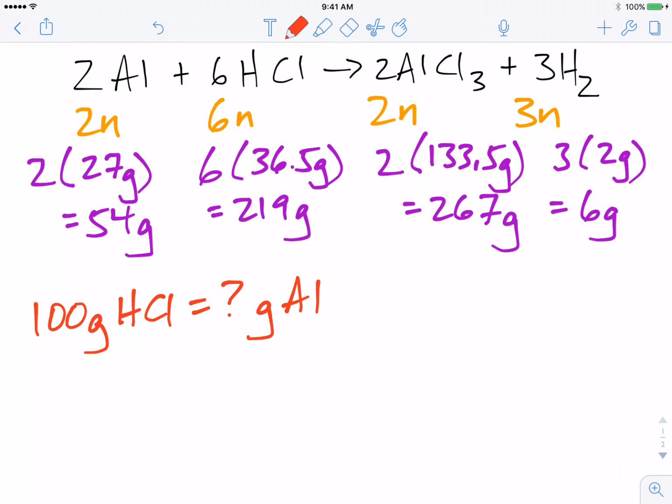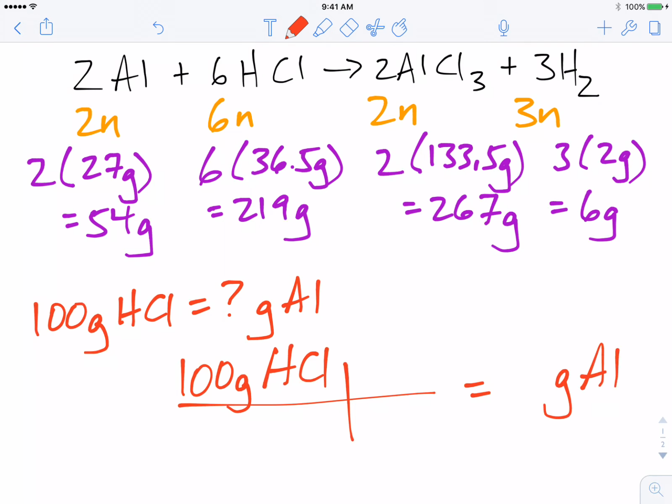Here, I'm living on the reactant side, and that's definitely possible as well. So I'll set this up as a one-step problem again. So 100 grams of HCl, and I want to know how many grams of aluminum I would need. Okay, so we would put our grams of HCl on the bottom so that they cancel, and then grams of Al on the top because those are the units that we want.